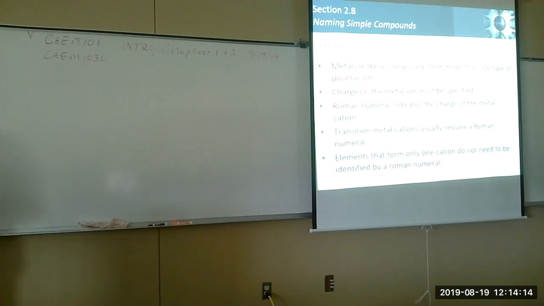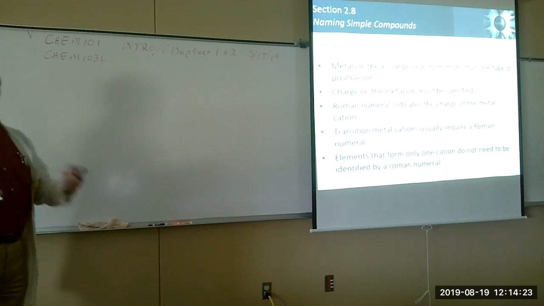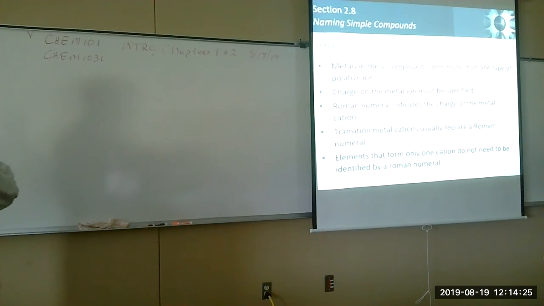And most of the time, those are the transition metals. Right? They can have multiple charges. So what you have to do is come up with a convention where you can identify in the name what the charge is. So we do that with Roman numerals.